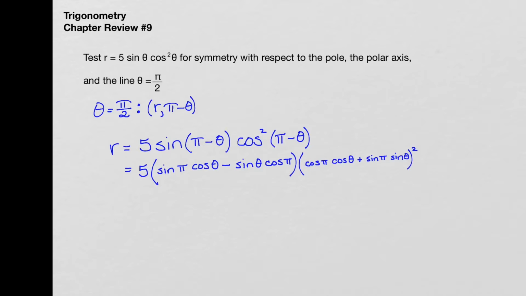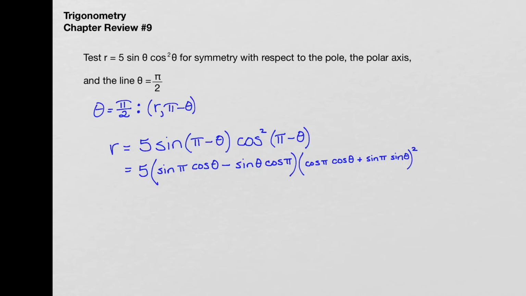Now this gives me 5 times sine pi cosine theta minus sine theta cosine pi, and then that is multiplied by the quantity cosine pi times cosine theta plus sine pi times sine theta, and then that's all squared.